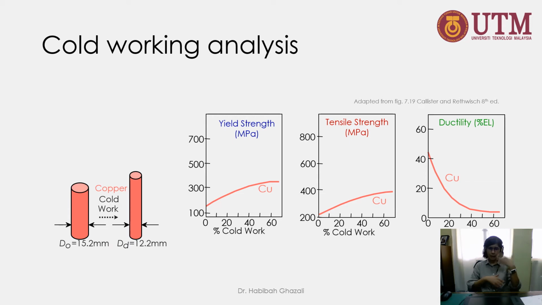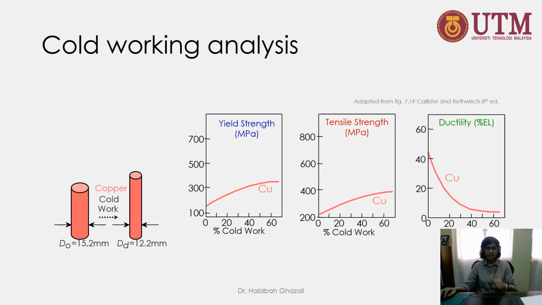I have done an extrusion process, for example, or rolling process in which I change the diameter of these materials from a larger diameter rod to a smaller diameter rod. So I've conducted a rolling process or drawing process in which it changed its dimension.